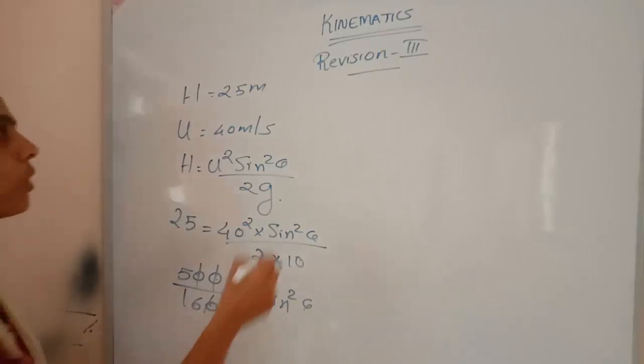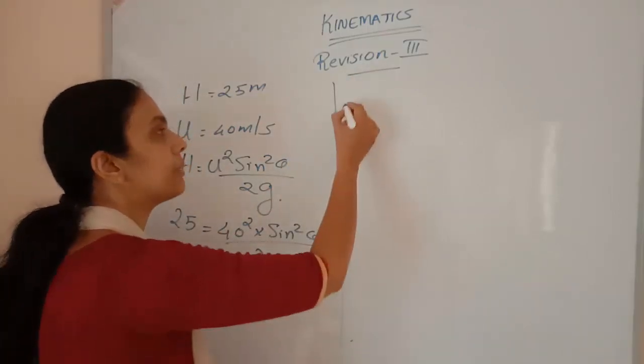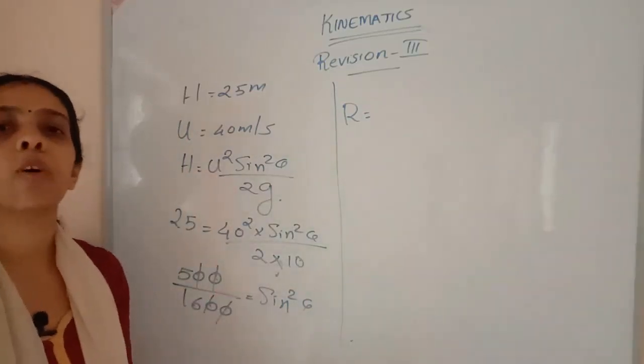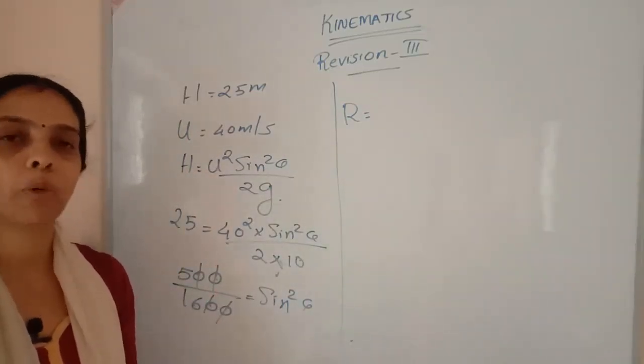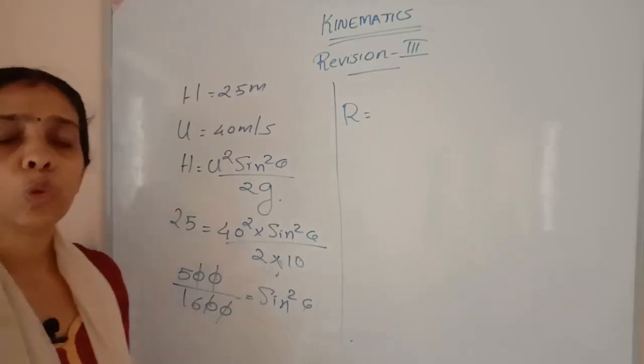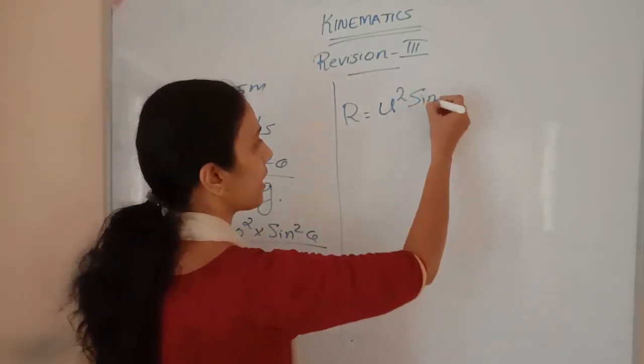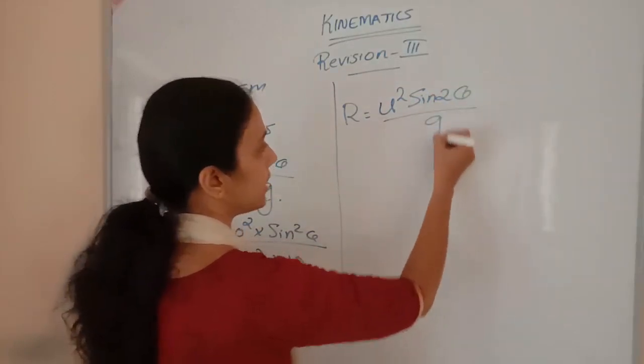What we should find out is the maximum horizontal distance, R. What is the formula to find out the maximum horizontal distance? u square sine 2 theta divided by g. While you are finding that, u is given as 40, so 40 square sine 2 theta divided by g.